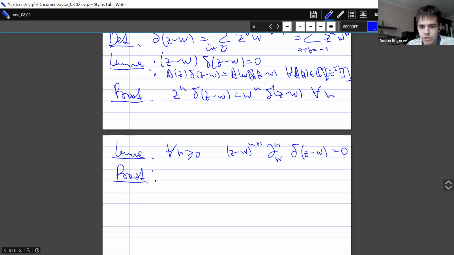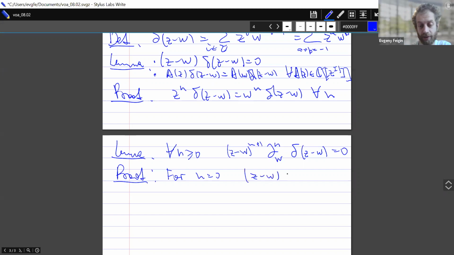Maybe by induction and using commutation relation of dw and multiplication by z minus w. Right, right. So first of all, for n equals 0, we have (z minus w) delta of z minus w is 0.